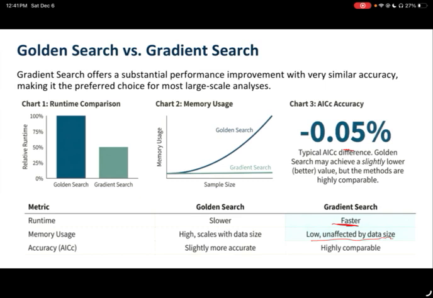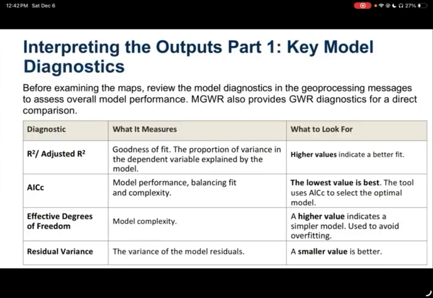So if you have larger data sets, you can use the gradient search. But if you have only hundreds until 1,000 or 2,000, you can use the golden search to find the best optimal bandwidth.